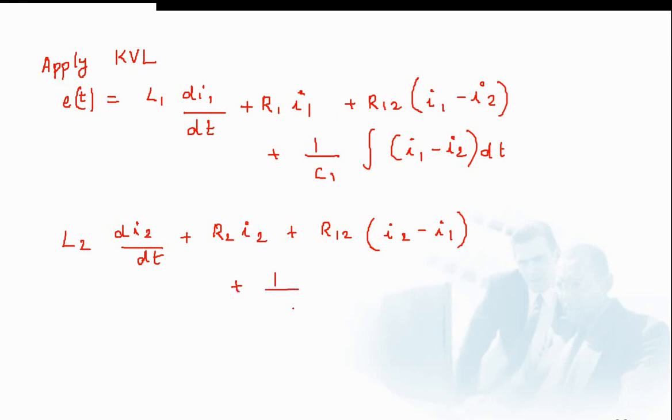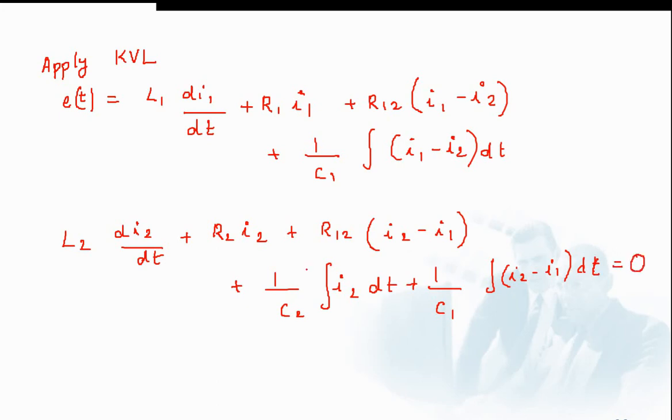plus 1 by C2 into integral over I2 dt plus 1 by C1 into integral over I2 minus I1 dt, which is equal to 0.